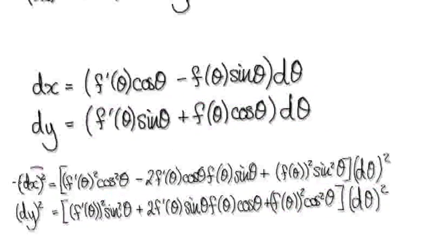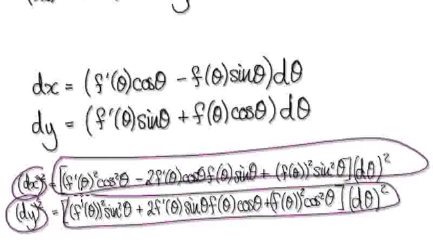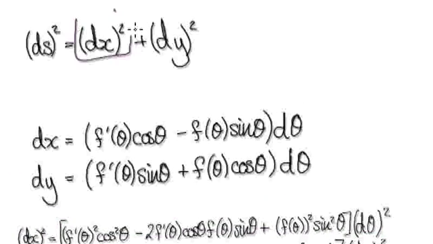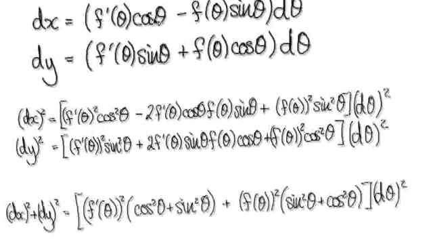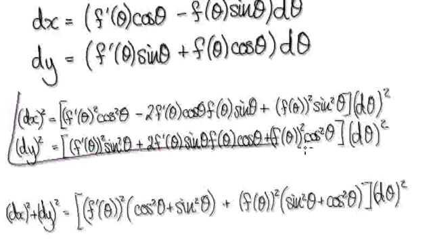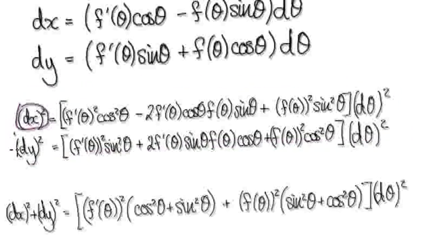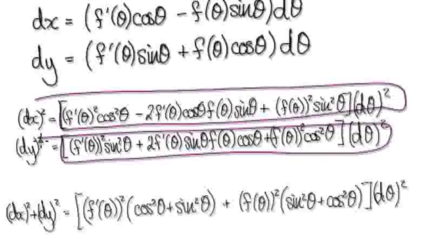Anyway, dx squared equals this whole thing here, and dy squared equals this whole thing here. Remember, we have to add the two together. So we've got to get this whole thing added to this whole thing here.